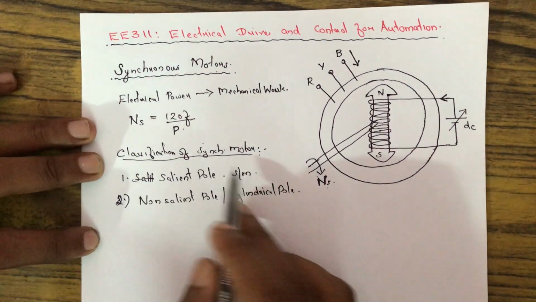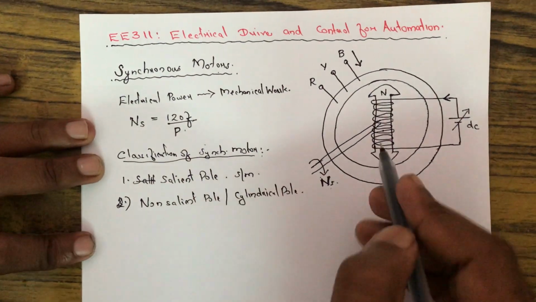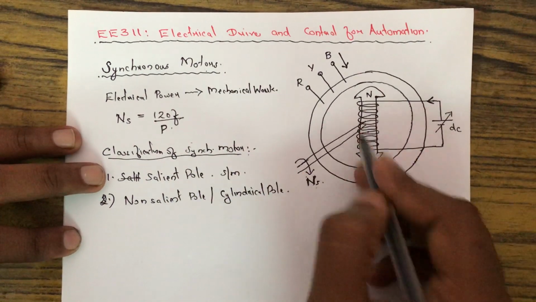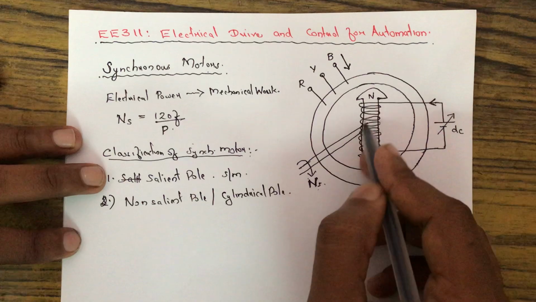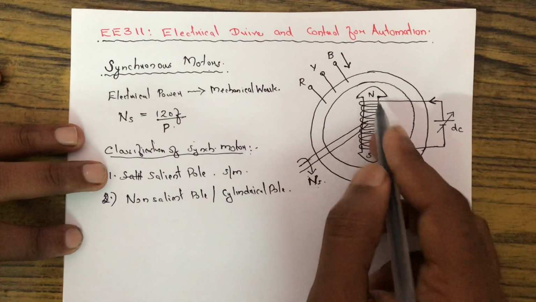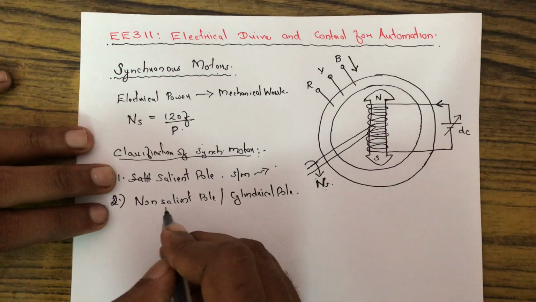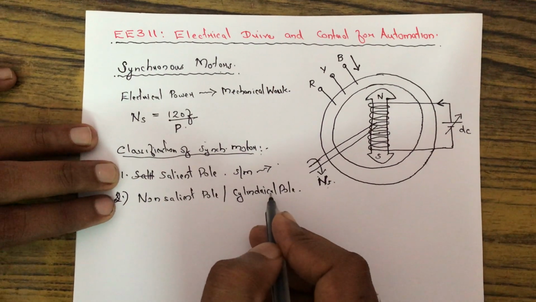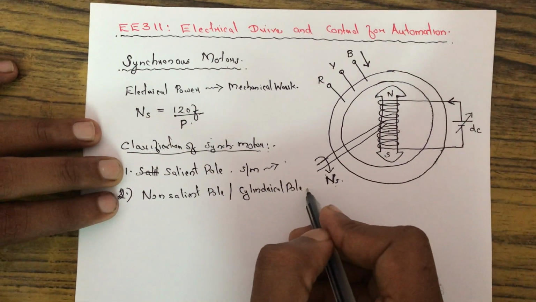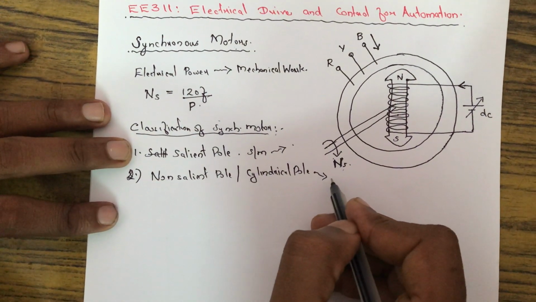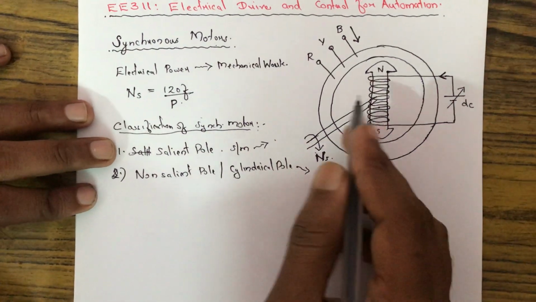Similar to the synchronous generator, the one drawn here is the salient pole synchronous motor, which will be applied in low speed applications. The next one is the cylindrical pole synchronous motor, which you can apply at very high speeds.